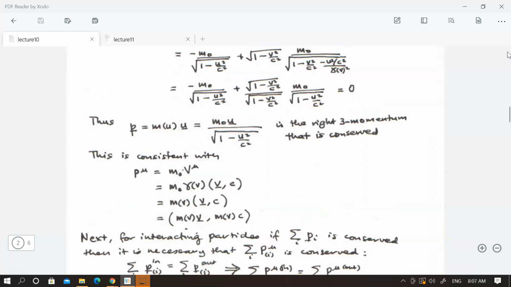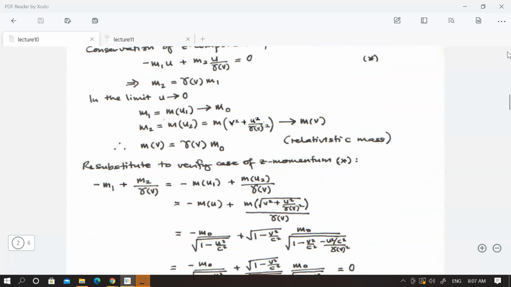So initially, just to recall, what we did was to define your relativistic mass as something which is dependent on velocity.